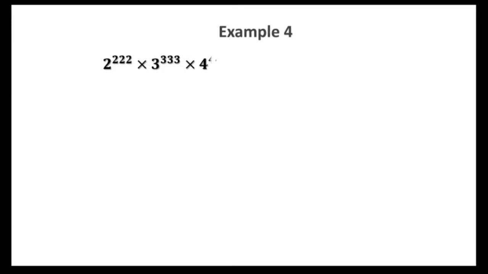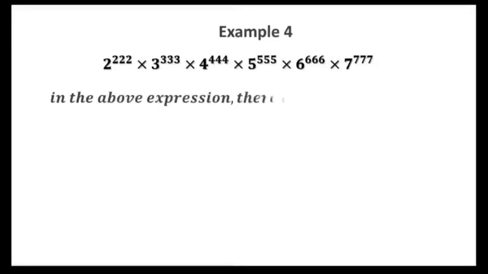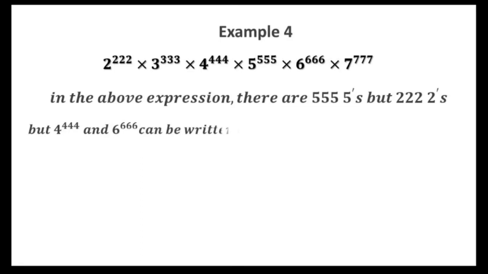Moving to example 4, that is 2 to the power 222 into 3 to the power 333 into 4 to the power 444 till 7 to the power 777. In this case, we have 2 to the power 222, and there are 555 5s and 222 2s, but we also have 4 to the power 444 and 6 to the power 666, which can be written as 2 to the power 888 and 2 to the power 666 into 3 to the power 666 respectively.